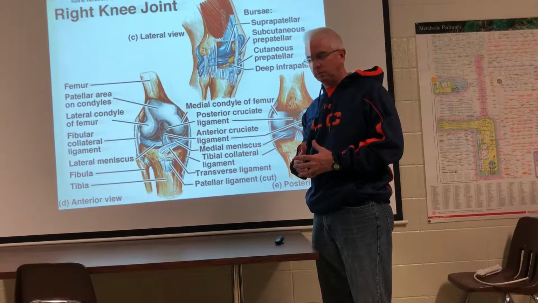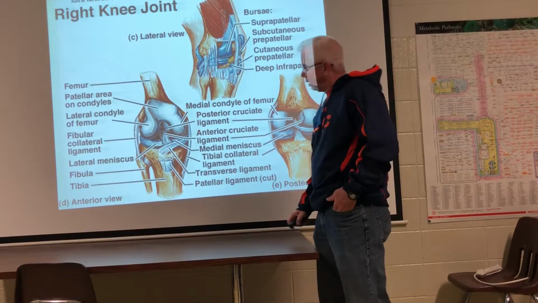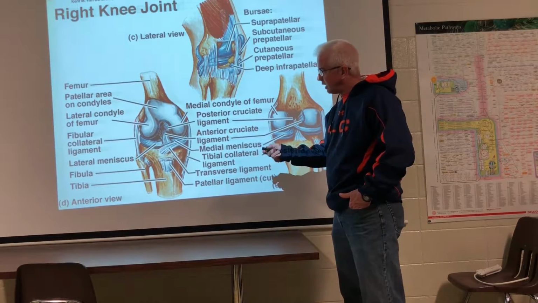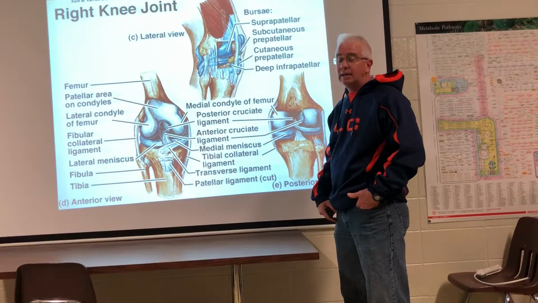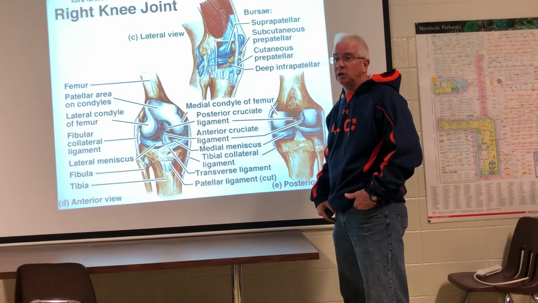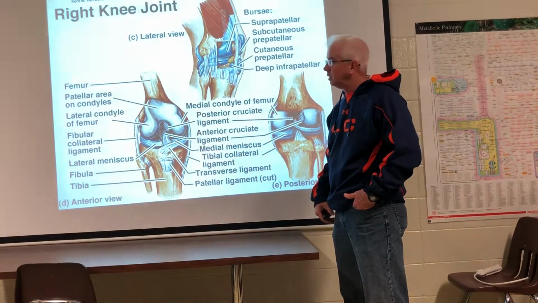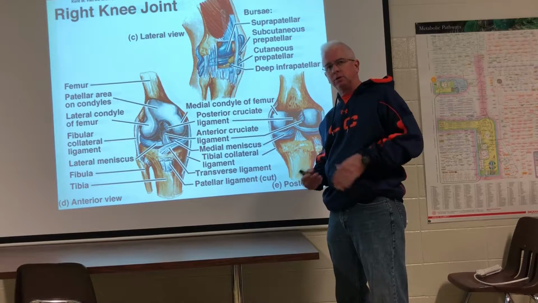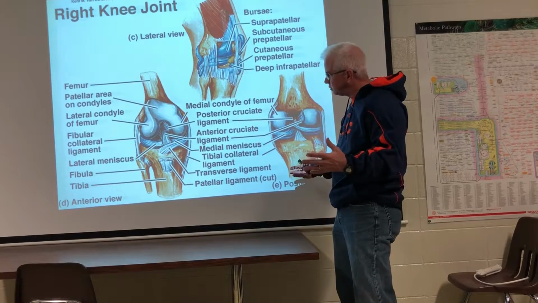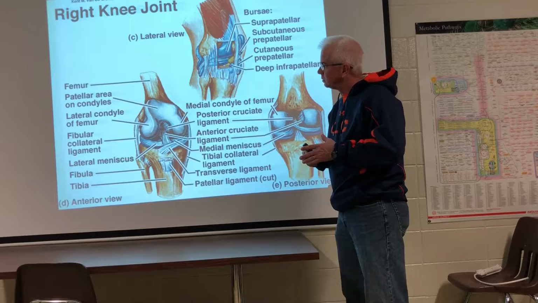The ones on the outside are called extracapsular ligaments. They're easier to get to, and you don't have to cut into the joint cavity to get to them. The cruciate ligaments on the inside are called intracapsular. So 2 on the outside of the capsule, 2 on the inside.